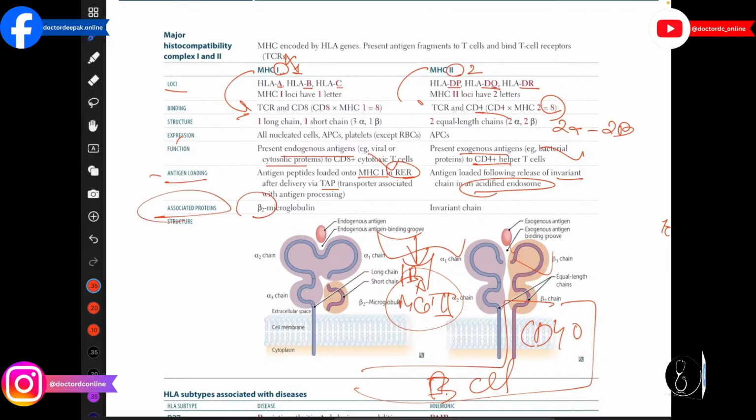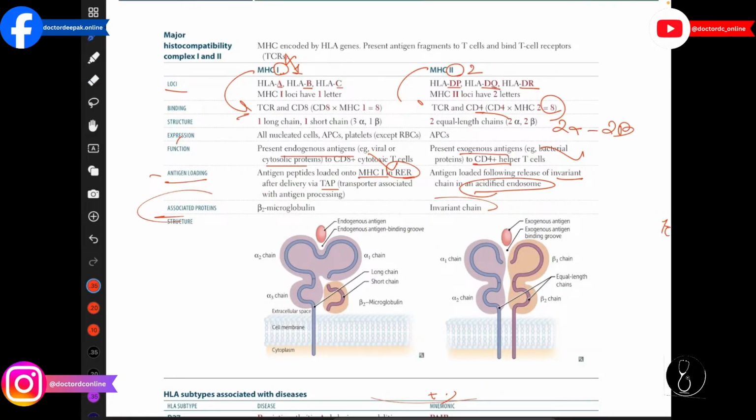The associated proteins are beta-2 microglobulin for MHC1 and the invariant chain for MHC2. If you focus on the structures given below, MHC1 has one long chain, alpha, and one small chain, beta-2 microglobulin, which is the associated protein of MHC class 1. And MHC2 has chains of equal length, alpha 1 and beta 1, alpha 2 and beta 2. They have the same length chains.